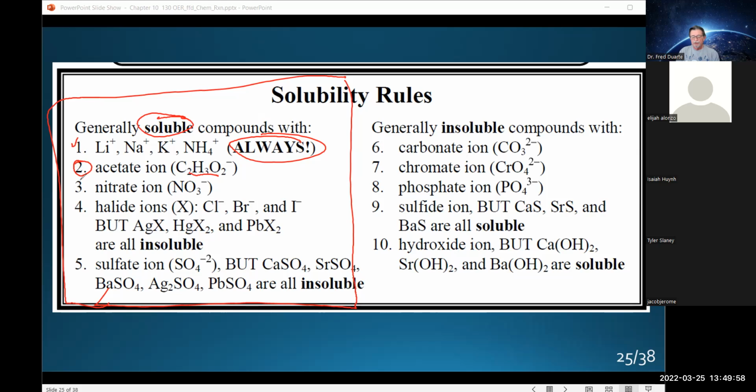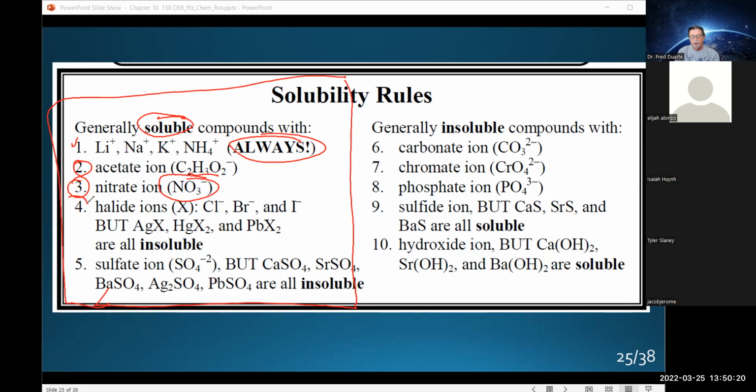The same is true for number three, the nitrate. Any metal nitrate is 100% soluble all the time, hence we can label it as AQ. All right, now there are some exceptions, and here's the first exception.